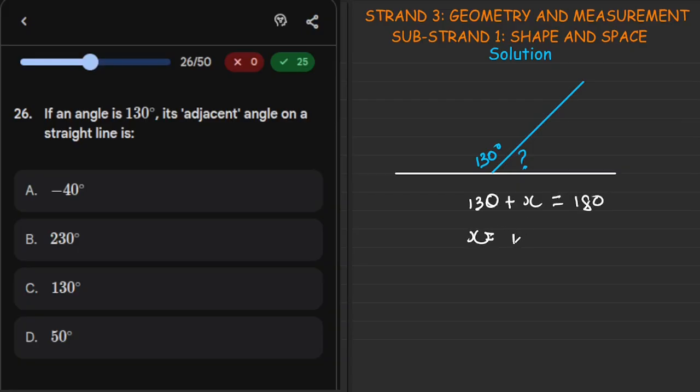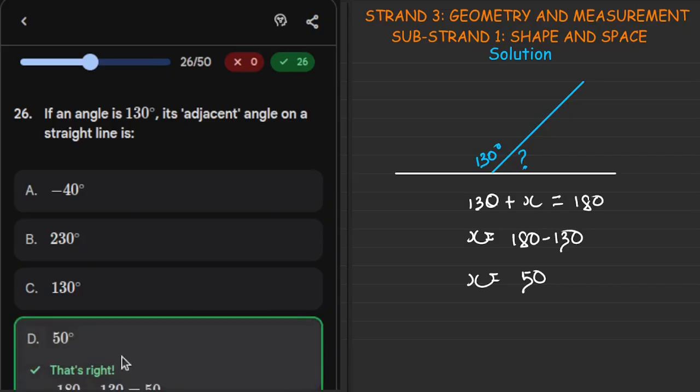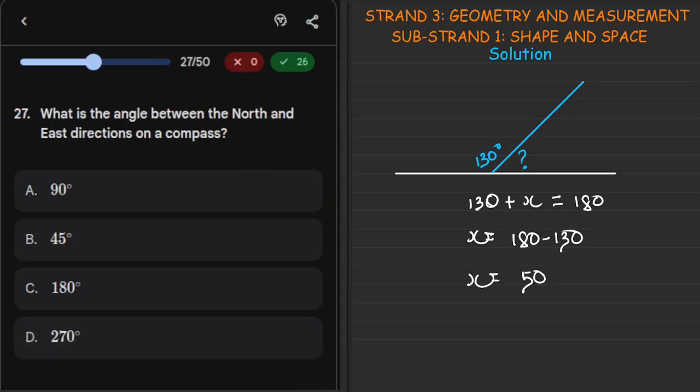To solve for x, we have 180 minus 130, which gives us a 50. So the value of the adjacent angle is what? 50.